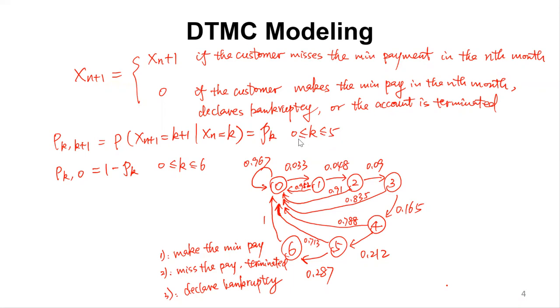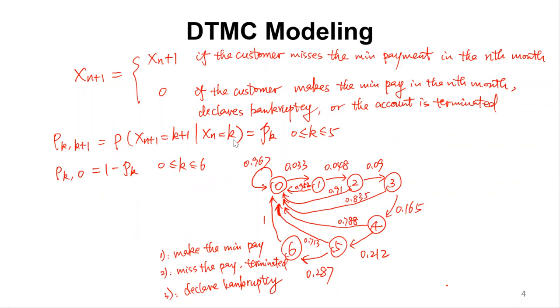But when K goes to 6, it will not go to 7. It will automatically go to 0. So this will become P_K0.